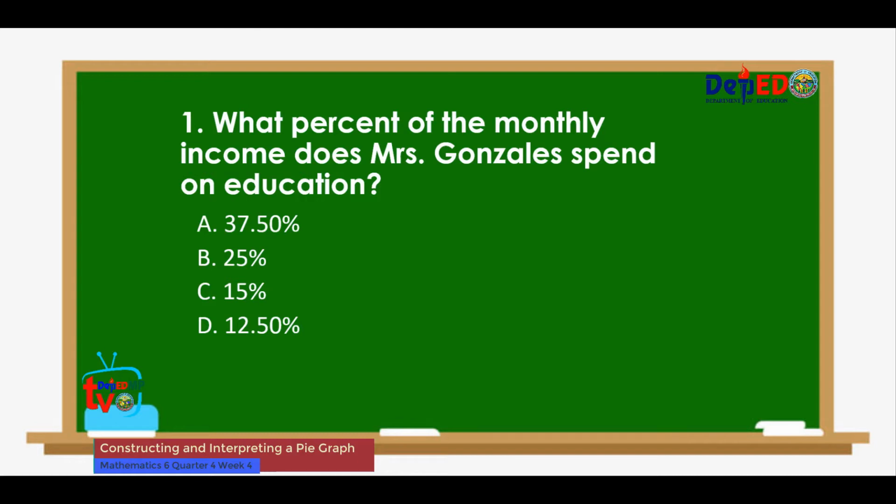Letter B. 25%, letter C, 15%, letter D, 12.50%. Time's up. The answer is letter B. It is 25%.